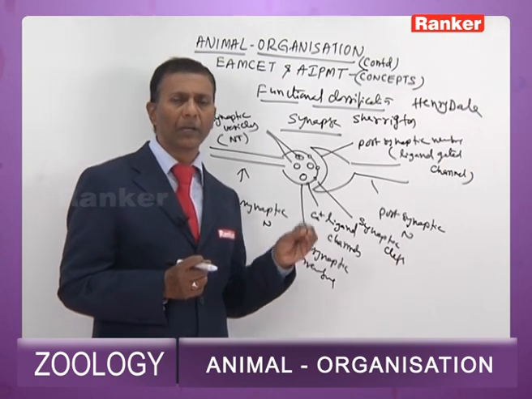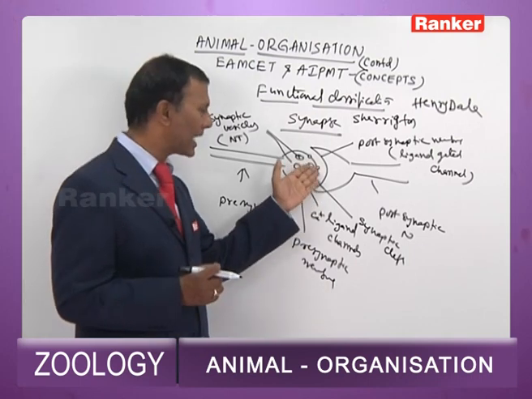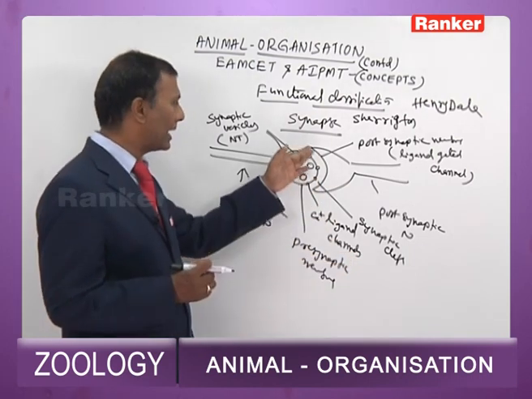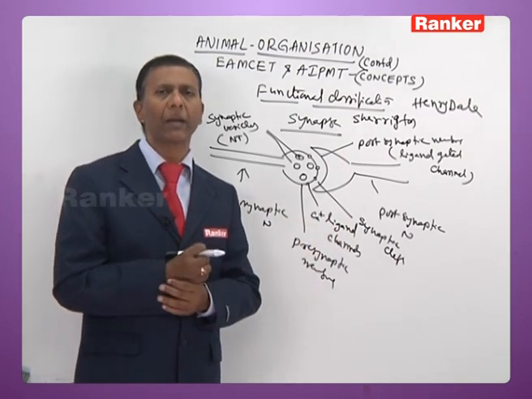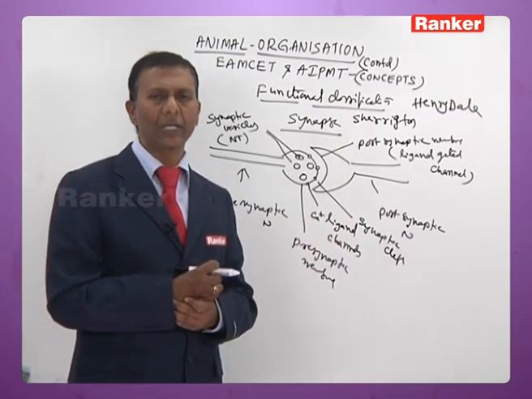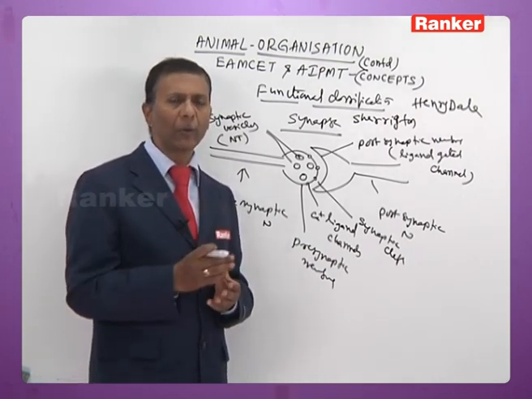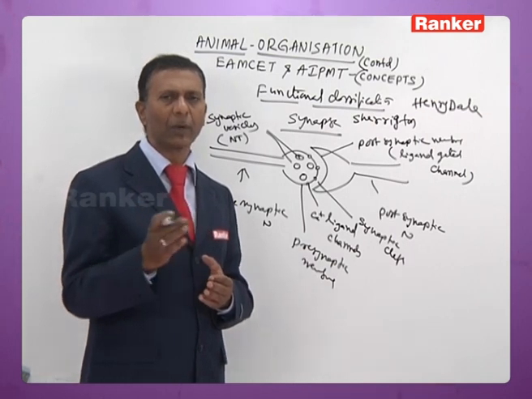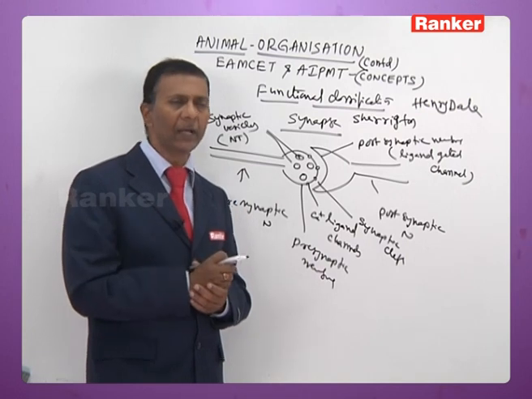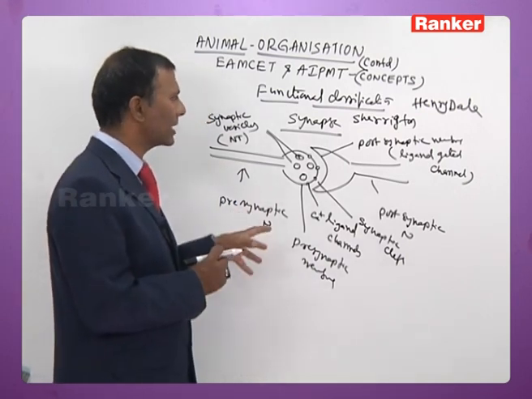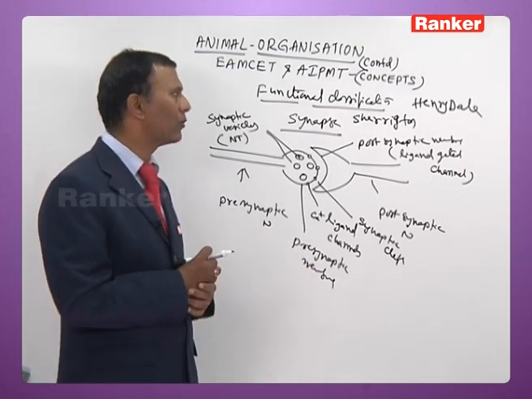Neurotransmitter picks up the wave of depolarization from the presynaptic membrane, diffuses across the synaptic cleft and interacts with the ligand gated channels of the postsynaptic membrane to elicit a wave of depolarization. From the postsynaptic membrane, the depolarization is conveyed to the cyton, and it travels further through the axon to telodendrites of another neuron. So this entire structure was studied by Sherrington, and the mode of functioning was put forth by Henry Dale.